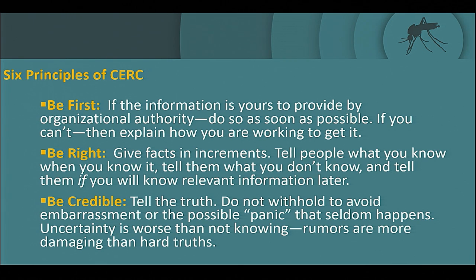In the planning that you're doing right now, you should be working with your PIOs to determine where and when and how will we release, and then fill in the blank. When this happens, when that happens along the way. Even predict to your community that you will be doing this and how you will be doing it. It's reassuring to know that there's a process, there's an expectation that this information will be shared along the way.